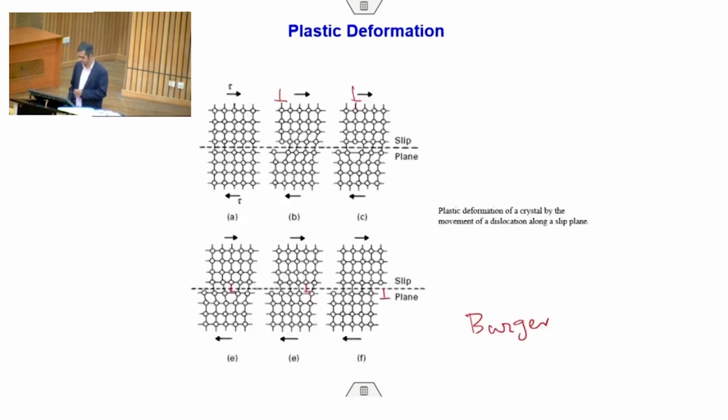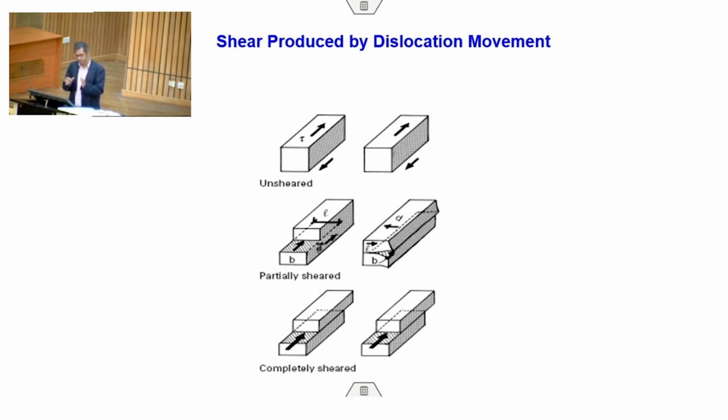You have seen that this is because of the shear. Shear movements, right? So if you apply shear on a macroscopic scale, it can produce a partially sheared region and create a step. That is very easy. If you have two plates like this and you move them like that, it creates a partially sheared region. Very, very easily it does that, right?